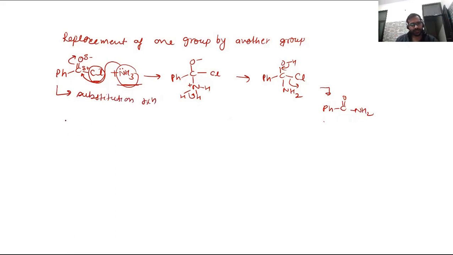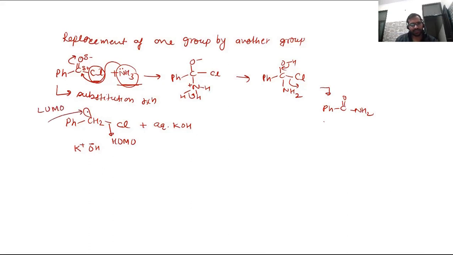We can take another example, that is PhCH2Cl, and if I add aqueous KOH here, we know that from aqueous KOH we get K+ and OH-. If we look into this compound, this C-Cl bond is the HOMO, the highest occupied molecular orbital, and its LUMO, the lowest unoccupied molecular orbital, will be present on this side.